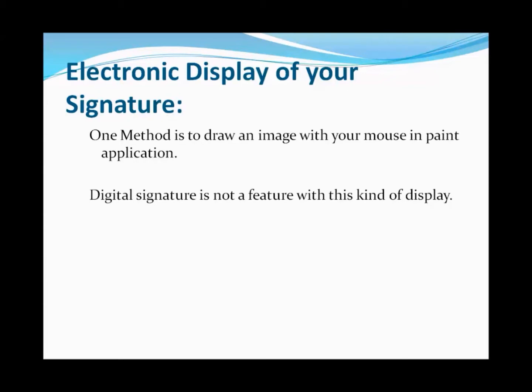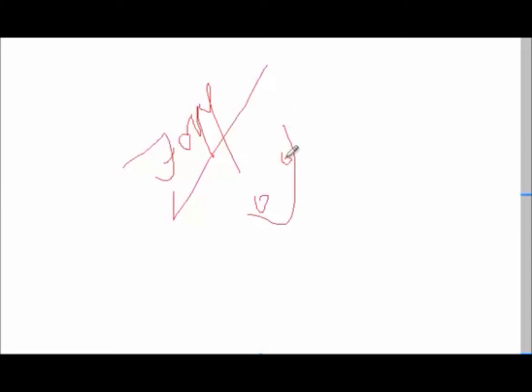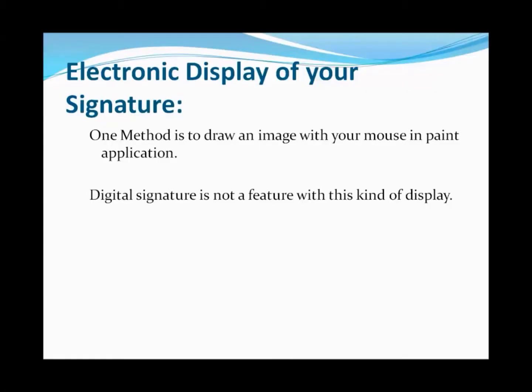We can draw an image with your mouse in the Paint application. That gives you an electronic display. Digital signature is not a feature with this kind of display.